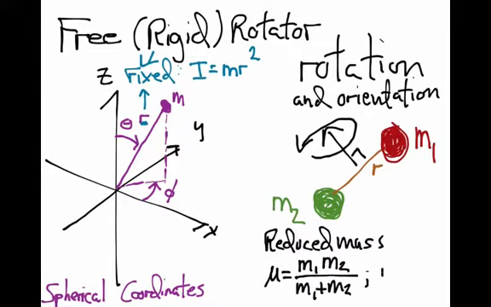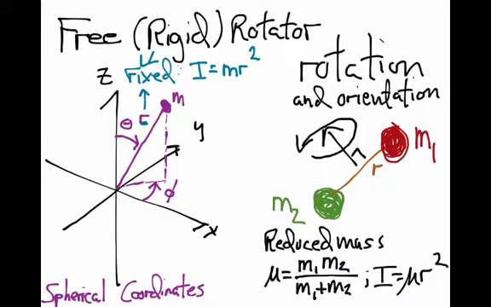And so basically, we call it mu, and it's just the product of the 2 masses, m1 times m2, divided by their sum. And once again, the moment of inertia now is this reduced mass mu r squared. So it's like we have a single mass in the left-hand spherical coordinate setup, m, out at the distance r, corresponding to the bond length. But instead of that one mass value, we get this reduced mass.